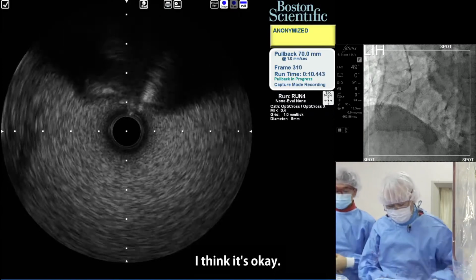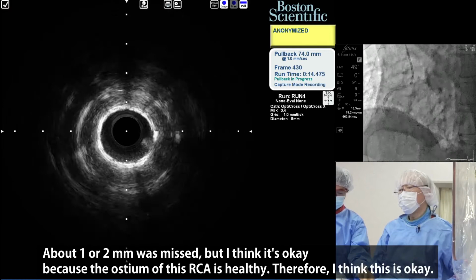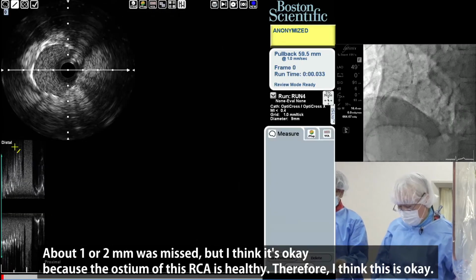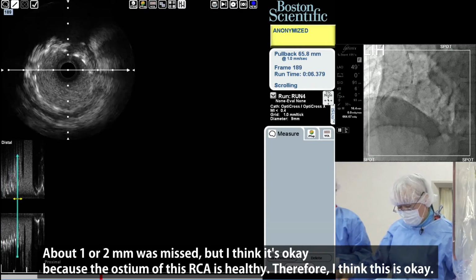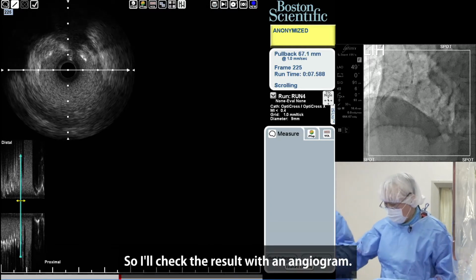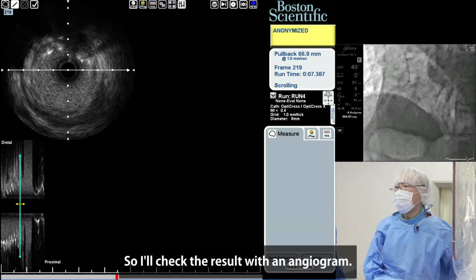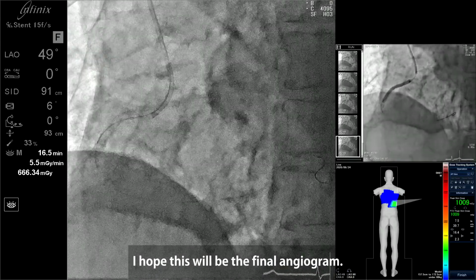I think it's okay. About 1 or 2 millimeters was missed, but I think it's okay because the ostium of this RCA is healthy. Therefore, I think this is okay. So I will check the result with angiogram. I hope this will be a final angiogram.